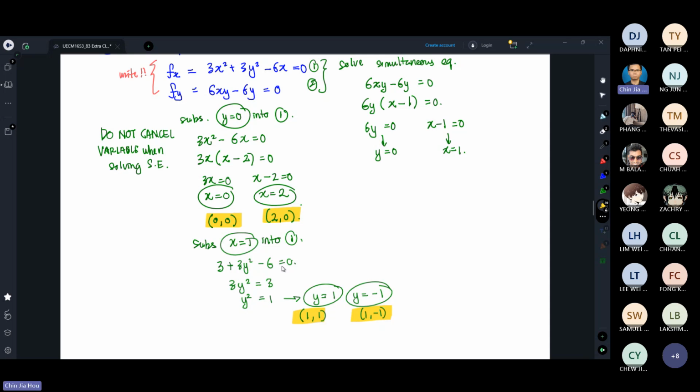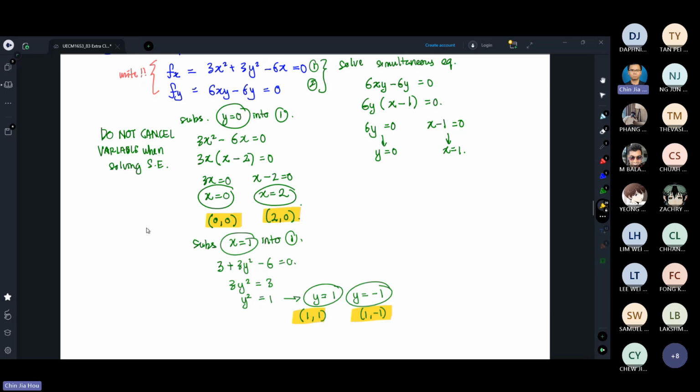If let's say you do not know how to, or are not able to solve the simultaneous equations, what are the options that you have? You just try your best. Even though you don't get a correct value like 1, 1, 1, minus 1, 2, 0, 0, 0 like that, you still give some critical points because you want to try to earn some marks from the next section of the solution.